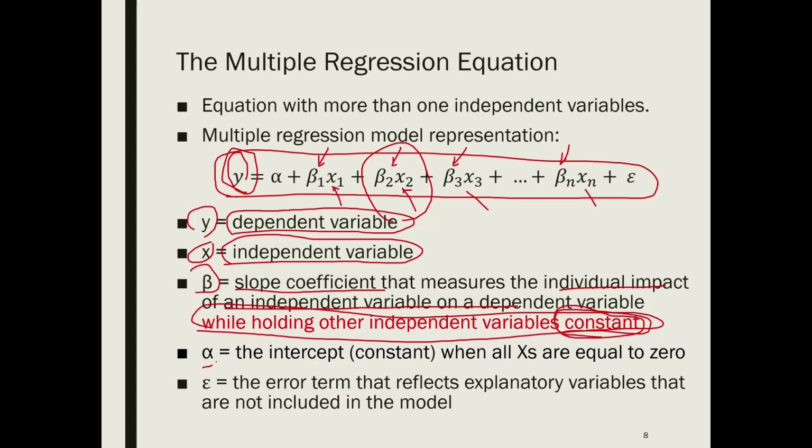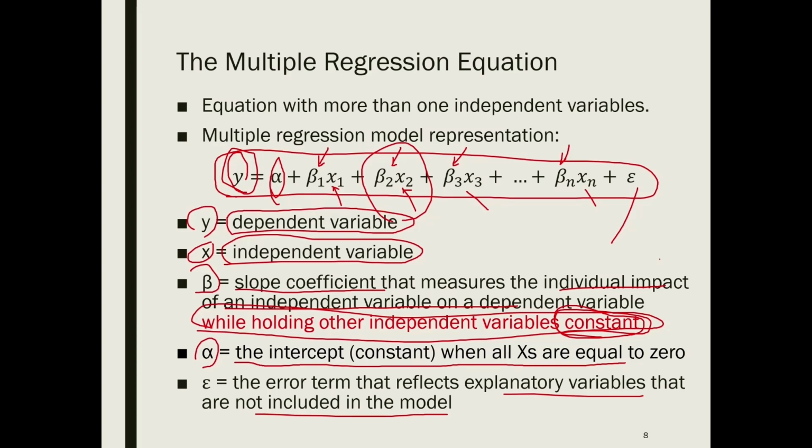We also have the alpha, which is the intercept, the constant: when all the x are equal to 0, what the y will be. And we also have the error term, which represents other explanatory variables that are not included in the model. In criminology, criminal justice, or other social sciences, when we run a regression, we do our best to include every independent variable that we think can impact the dependent variable.